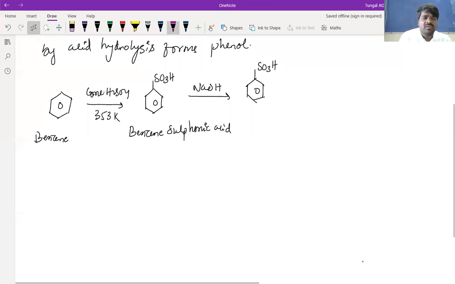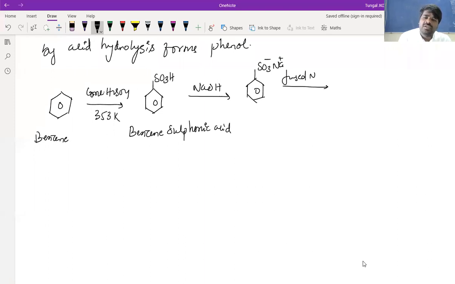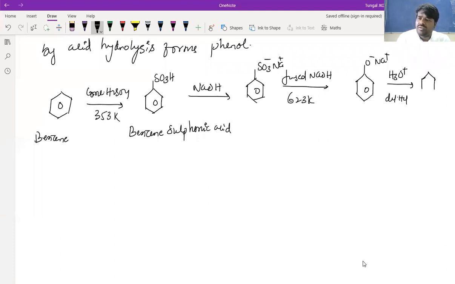This, on heating with fused NaOH at 623 Kelvin, forms sodium phenoxide. On acid hydrolysis with dilute HCl, it finally forms phenol, beta.